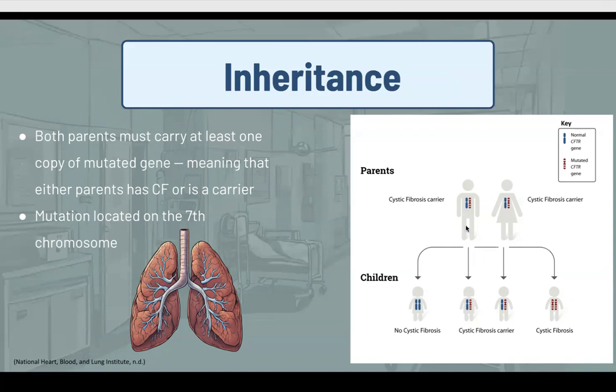If you can see on the image on the right, these two parents both carry the mutated CFTR gene, and these are the chances of having a child with cystic fibrosis or being a cystic fibrosis carrier. So 25% chance for a child having no cystic fibrosis, same for a child with CF, and then a 50% chance for the child becoming a carrier themselves.